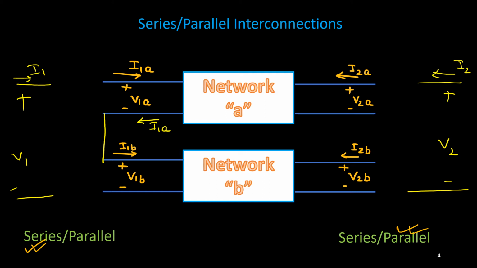So here the condition is that I1A should be equal to I1B, and only then will you get a series connection. Then I1 equals I1A, and this current should be I1, and this is your I1B. So I1A equals I1B equals I1, in the series circuit.